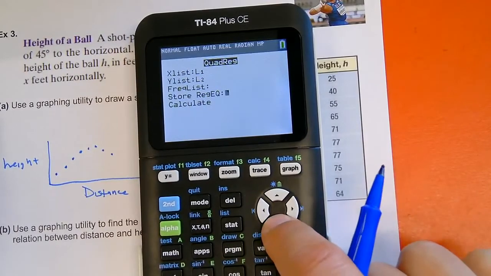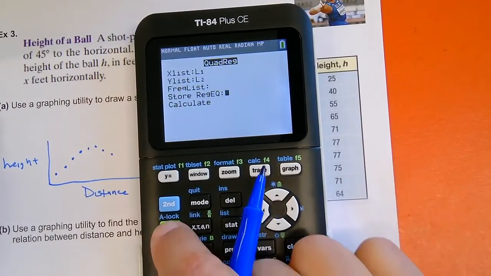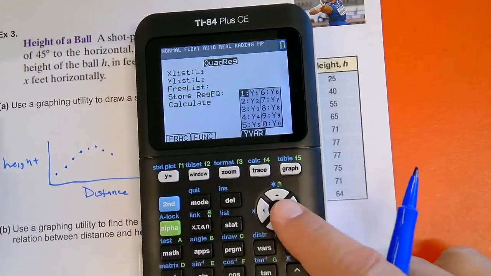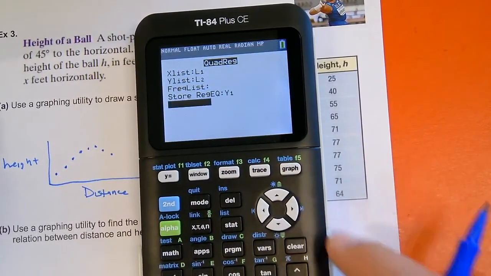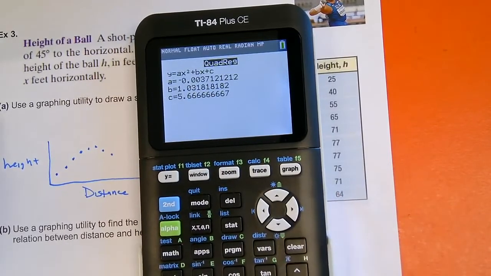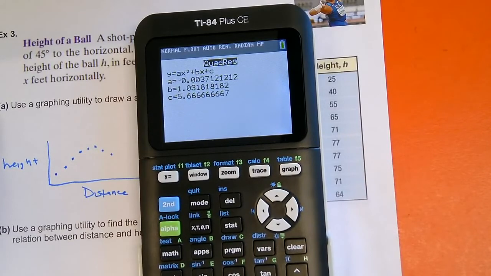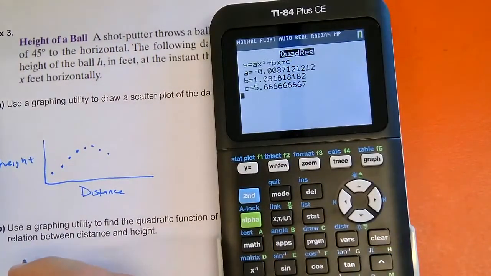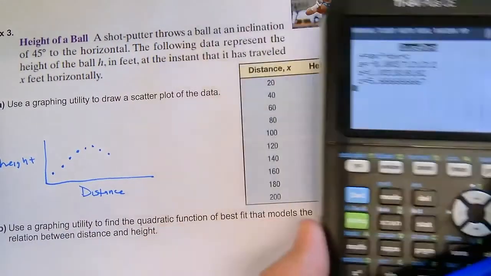We want list 1, list 2, and now we want to store RegEQ in Y1, using alpha, trace, number 1. And then we calculate. Alpha trace is where we find that Y1, and it calculates our a, b, and c values. A is the number in front of x squared, b is the number in front of x, and c is our constant.